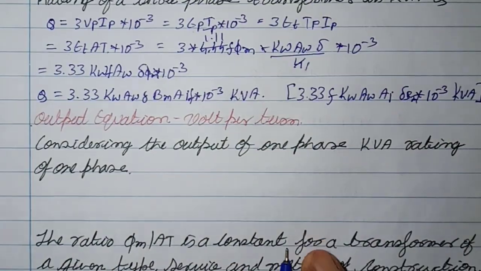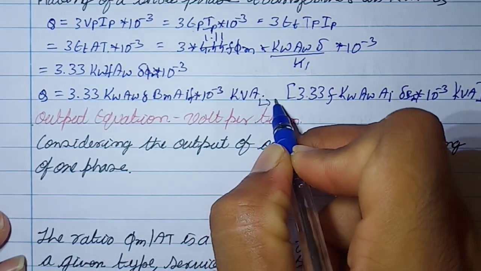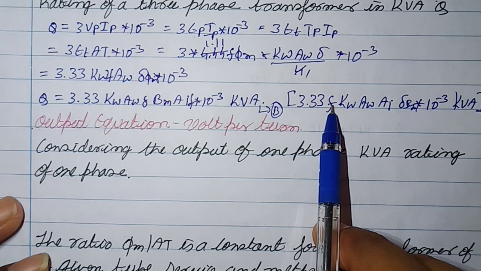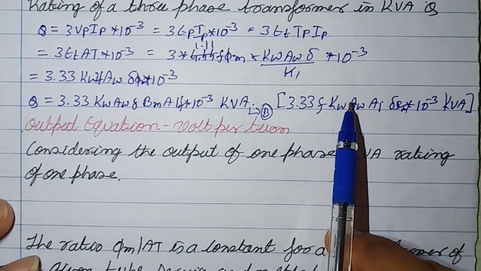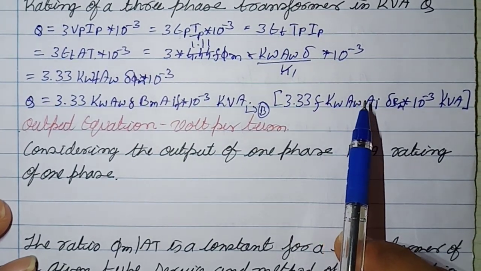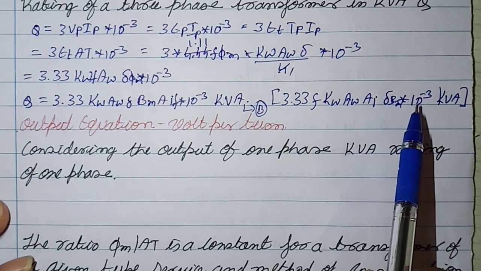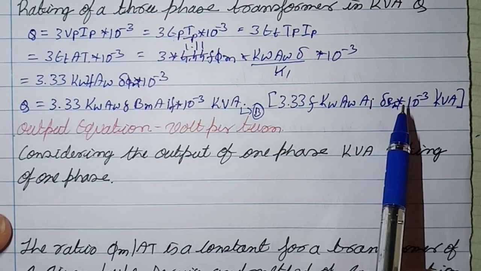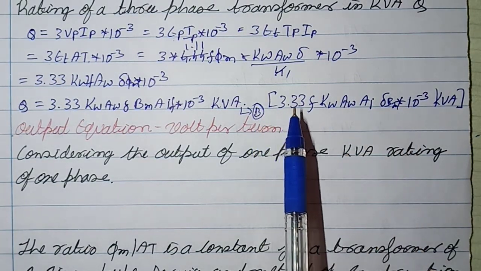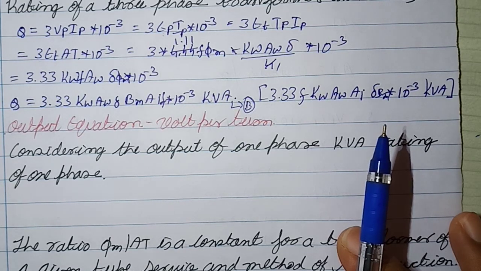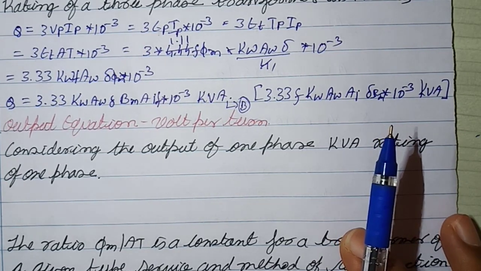And the one for three phase, equation B, is 3.33 F Bm delta Kw Aw Ai into 10 raised to minus 3 kVA. These two equations, A and B, hold good for both core type and shell type of transformer.